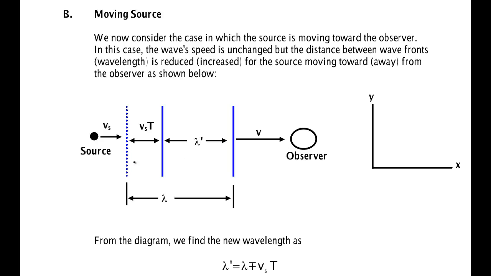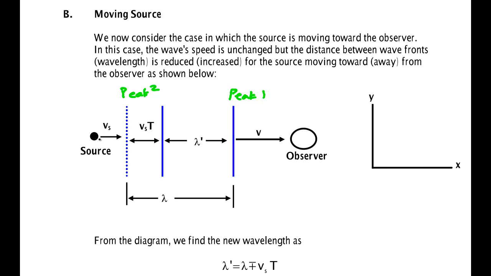It's as if, when the source sends out a wave and the wave starts propagating, if it wasn't moving, the wave would travel a certain distance before there'd be another peak. So there's just the first peak, let's say, and this is the second peak that it emits. If the source was stationary, there would be a certain distance, which we call the wavelength.